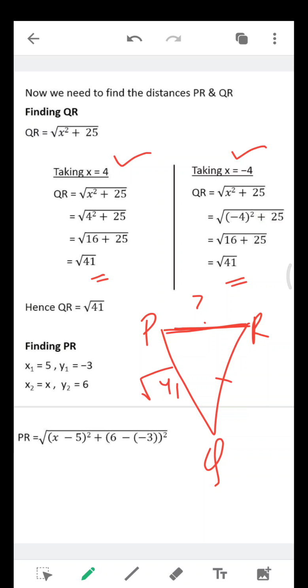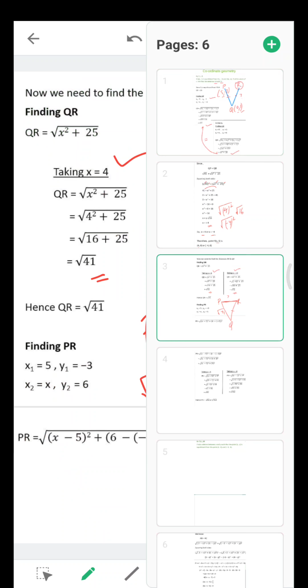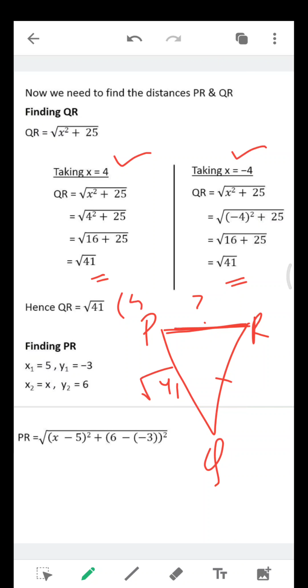First we'll find PR with x comma 6. What are the coordinates of P? Coordinates of P are 5 comma minus 3, and coordinates of R are x comma 6.